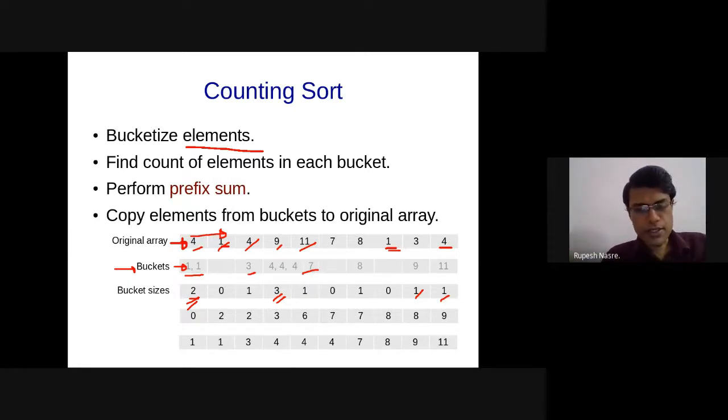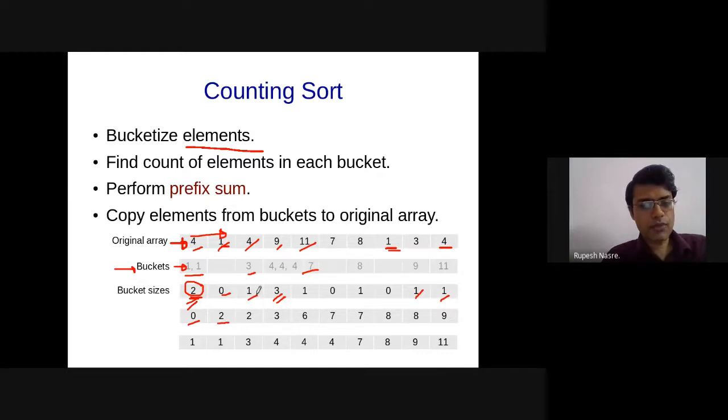From these counters, you can do a prefix sum. What is the prefix sum of this? We say that for 2, it is the sum of all the previous elements. There are no previous elements, therefore the sum is 0. For 0, the prefix sum is the sum of all the elements before it. So that becomes 2.